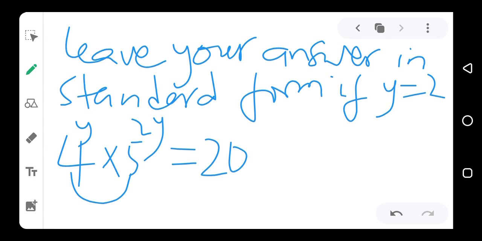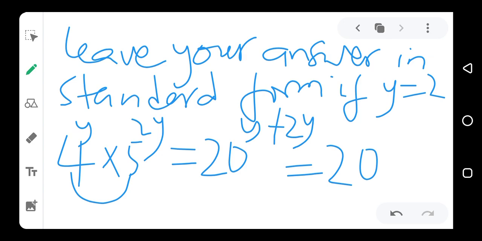Then raised to power y plus 2y, which gives us 20 raised to power 3y.